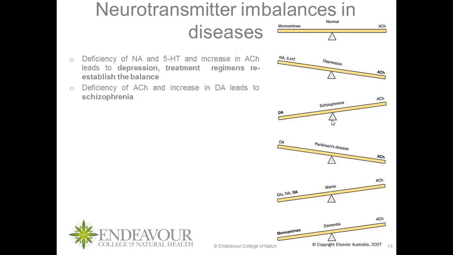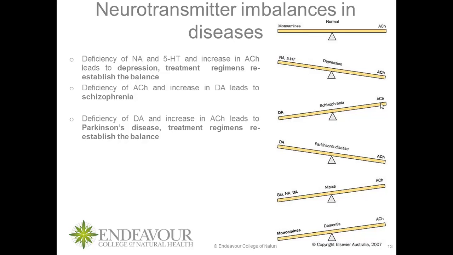It might be a deficiency of acetylcholine in the CNS that's contributing to that schizophrenia, and so drug treatment and its aim is to bring dopamine levels back down. It might also be, or might thereby cause, increases in acetylcholine levels in the CNS.